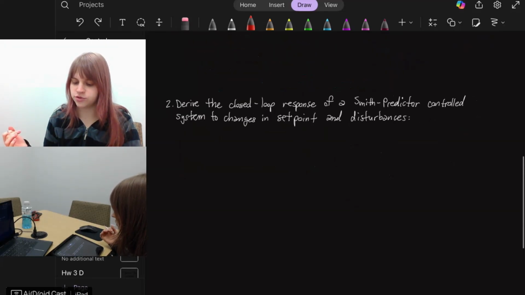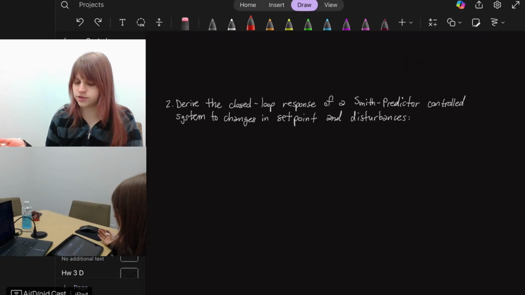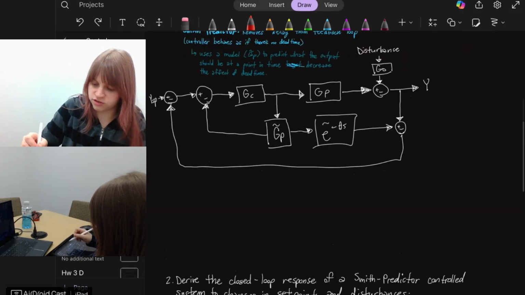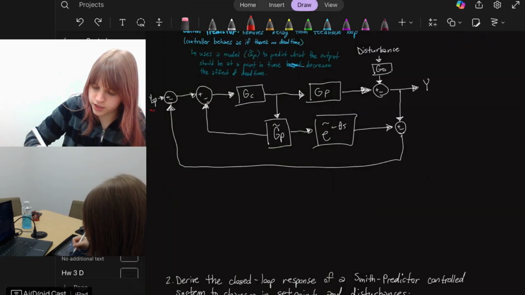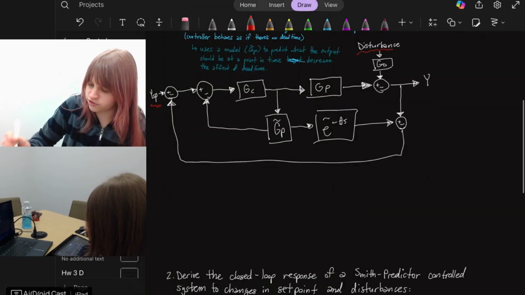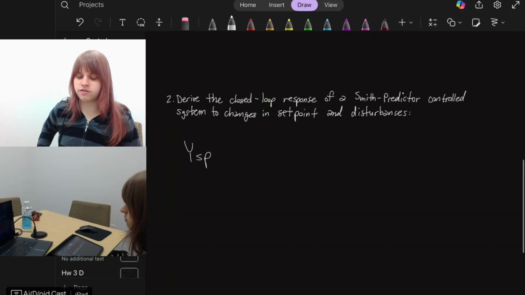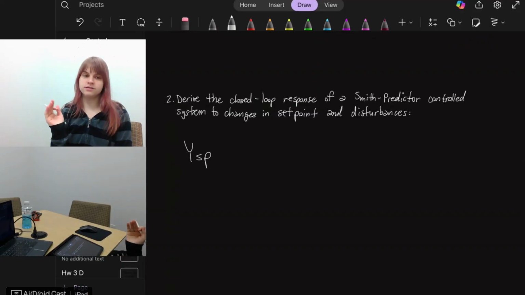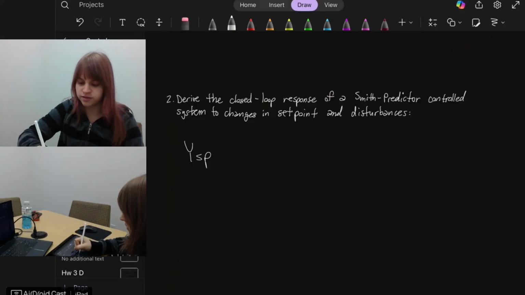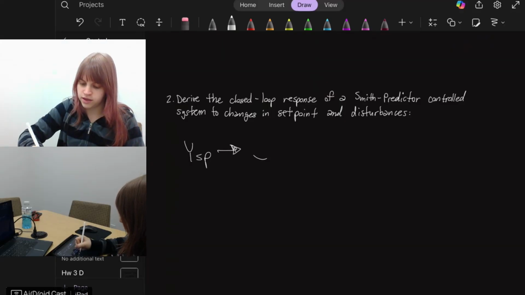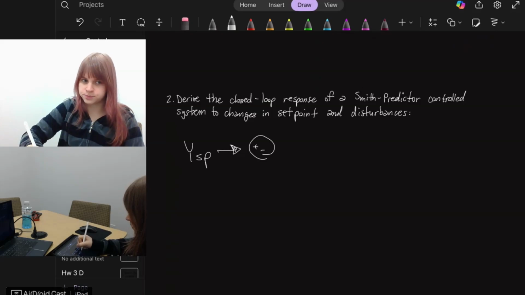Now we would like to derive the closed loop response of a Smith Predictor controlled system to changes in set point and disturbances. Since the previous block diagram was a little bit intense, we can draw a simplified one like this.